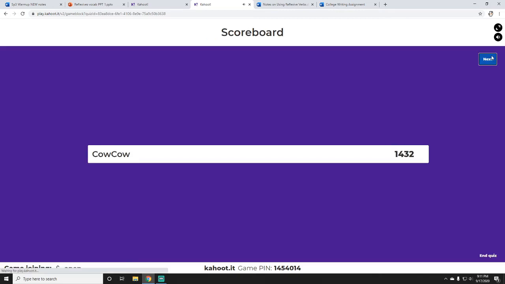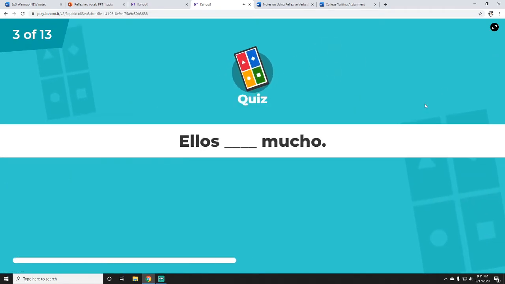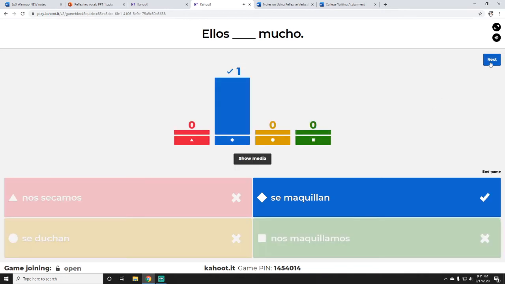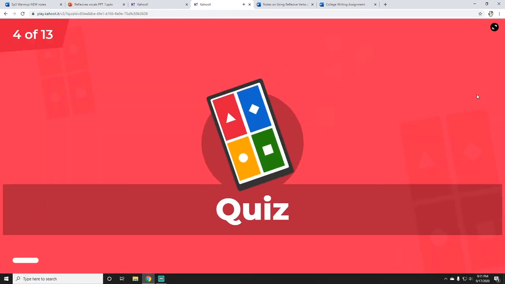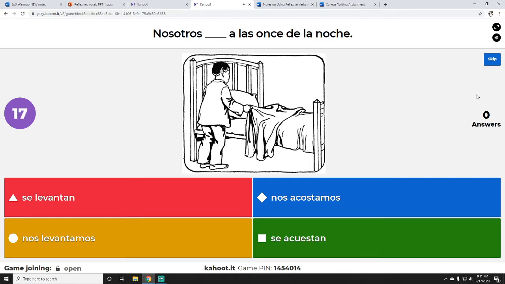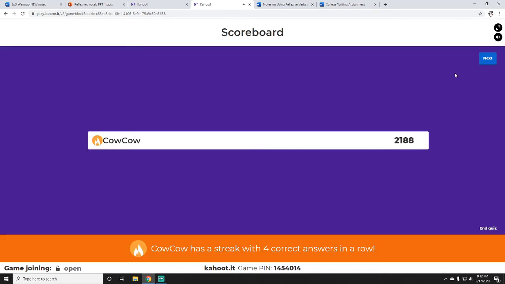Let's do 3 more, just so we're not stuck here all day. We'll do 3 more. Ellos se maquillan. Sí, guys, nos levantamos. Let's do one more.